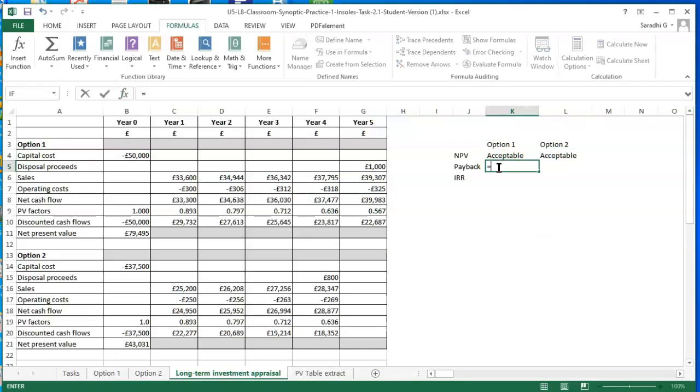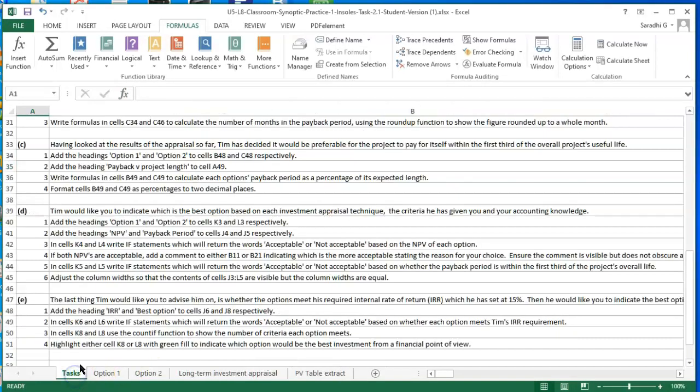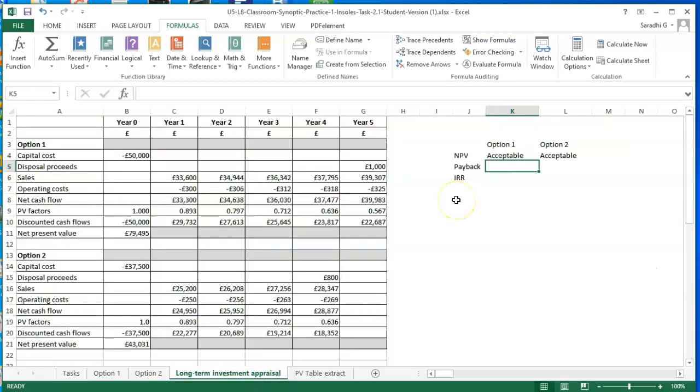Payback, let's check the condition. What do they want? They want a comment indicating whether payback is within the first third. They are not looking at the actual payback period, they are asking if it is within the first third.